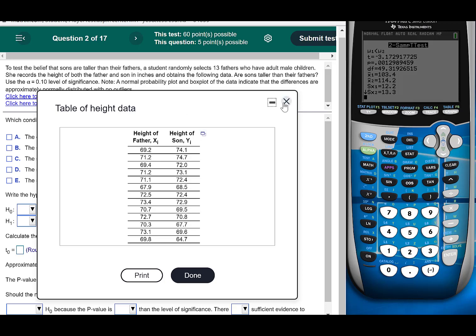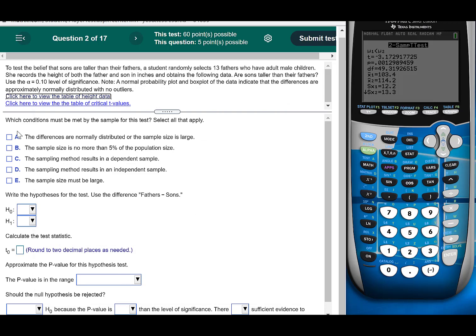So first of all, let's answer some of the questions here. What conditions must we have in order to test the hypothesis on the difference? The sample size is no more than 5% of the population size.